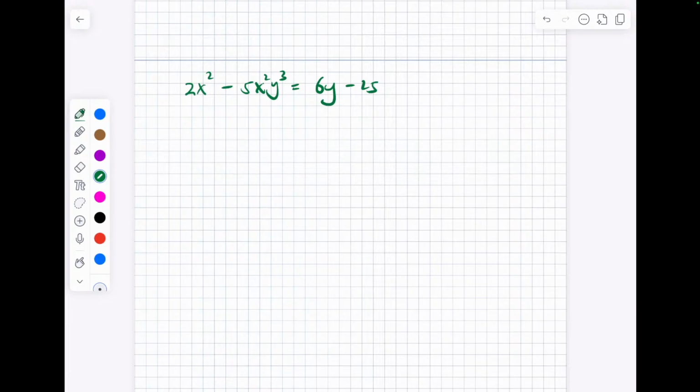Like, how fast is x changing with respect to time? Not with respect to x anymore. So this is talking about the speed of something.